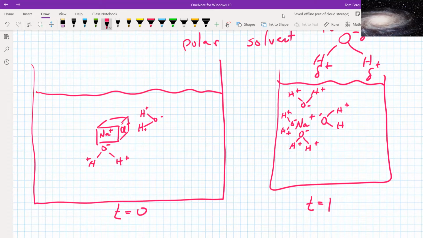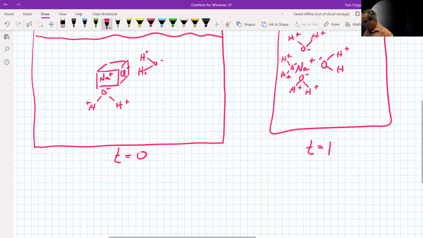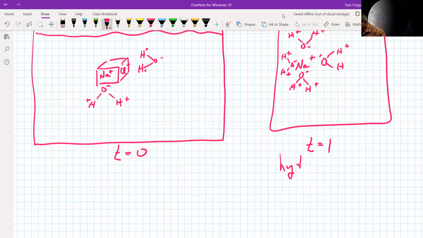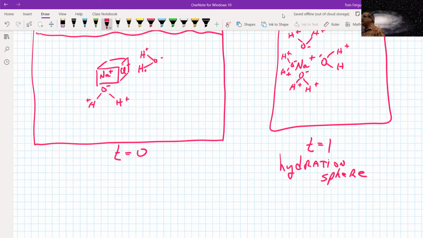Now this is pictured in two dimensions, but it's really three. So it's a sphere, not a plate. Okay, and that structure is called a hydration sphere.